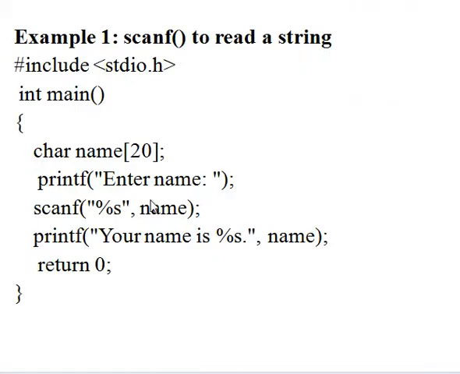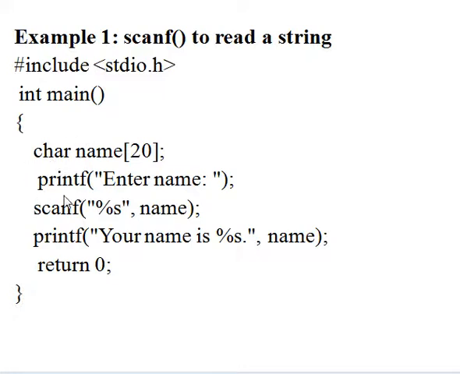The second way is reading the string by using the scanf function. Same as before, #include <stdio.h> and main. Next, char name of 20. This is an array declaration: name is the array name and size is 20, so it stores a maximum of 20 characters, all of character data type.